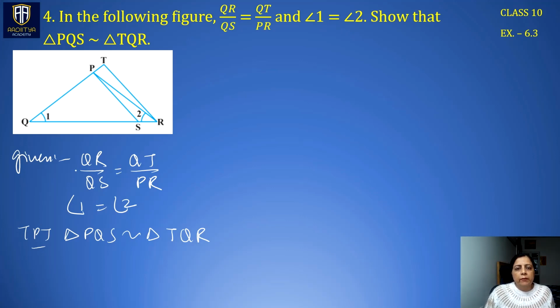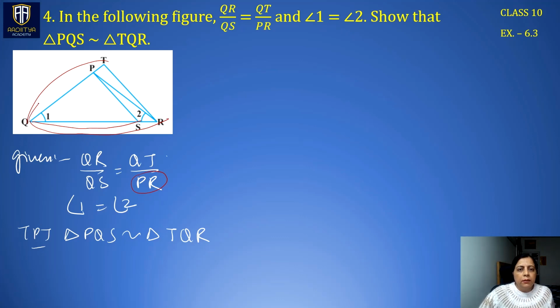So we have to check in which triangle we are getting this ratio, QR upon QS, QR upon QS, QT upon PR. Now this is out of the box.